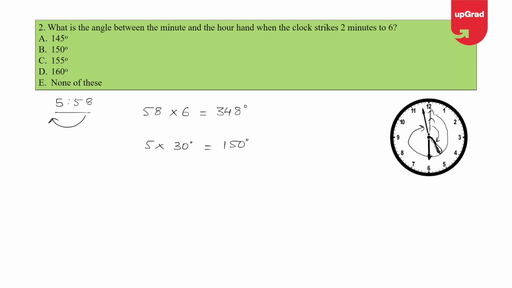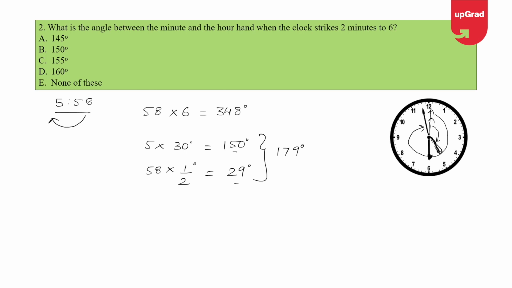The hour hand has reached this position, and in what time has it drifted? In 58 minutes. Every minute half a degree. So what is the drift? It is 29 degrees. So the smaller angle, which is equal to the angle traversed by the hour hand to the closest hour plus the drift, comes out to be 179 degrees.